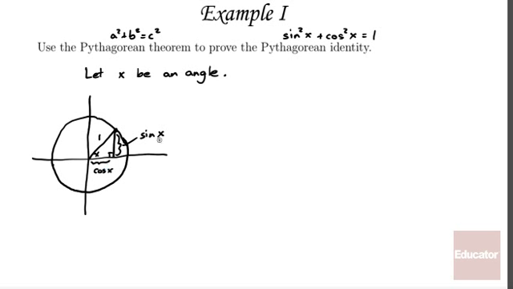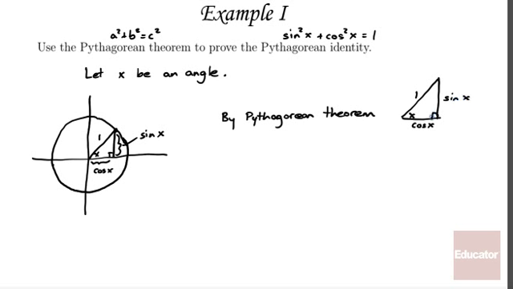So the Pythagorean theorem says that in our right triangle, let me draw my right triangle a little bigger. There's x, there's 1. This is cosine x. This is sine of x. By the Pythagorean theorem, one side squared, let me write that first of all as cosine x squared, plus the other side squared is equal to 1 squared.